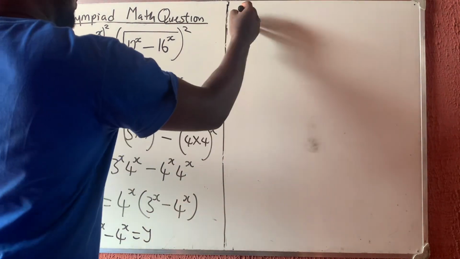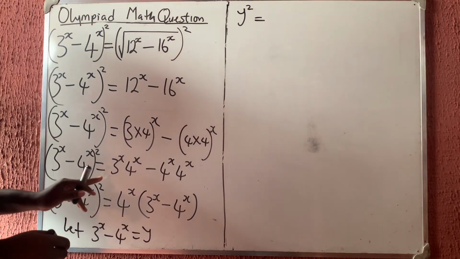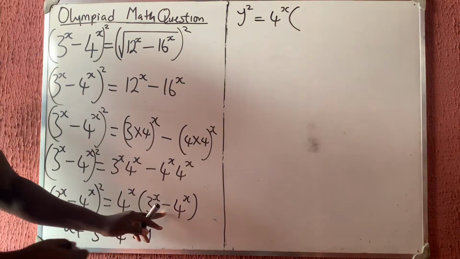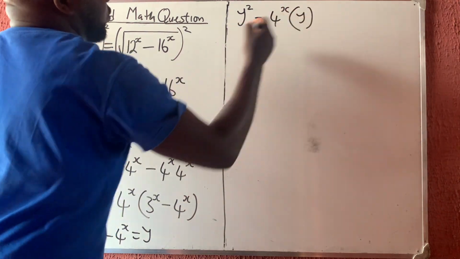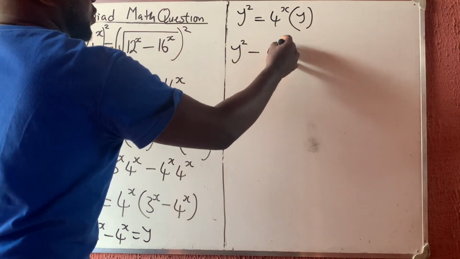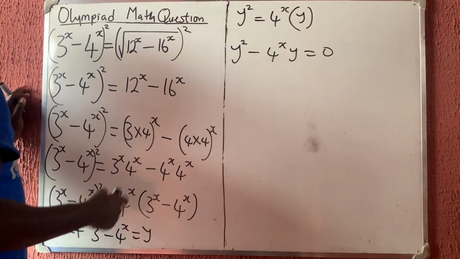So I'm having y² is equal to 4^x in bracket of y. Now if I bring this to this side, I'm going to have y² − 4^x y is equal to 0. Now let us factorize, they have y in common.